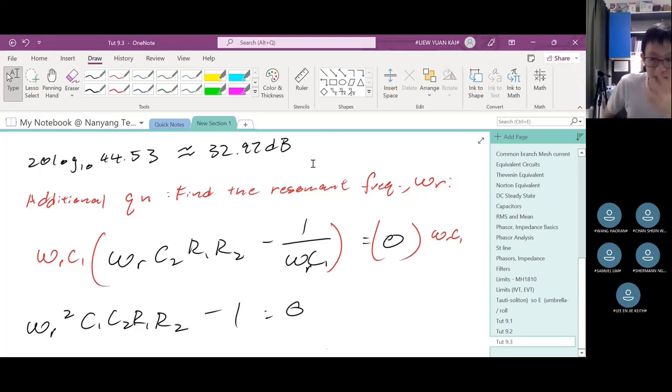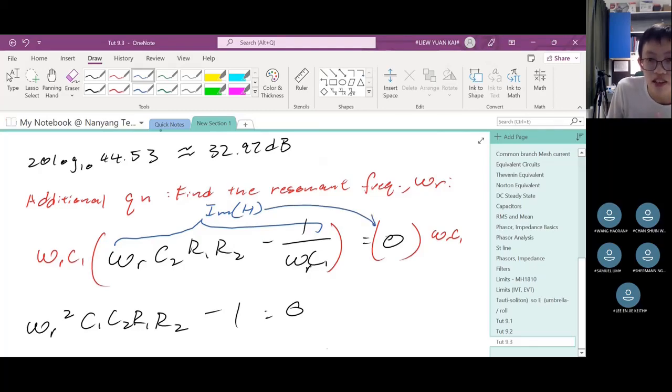I know I said this like 3,000 times already, but just to refresh Samuel's brain, this thing over here is the imaginary part of your H function. We know that at resonant frequency, the imaginary part will be equal to 0. So you just equate it, you solve for omega, tada, that is your resonant frequency.